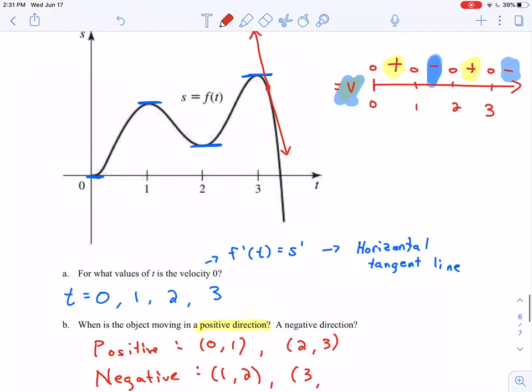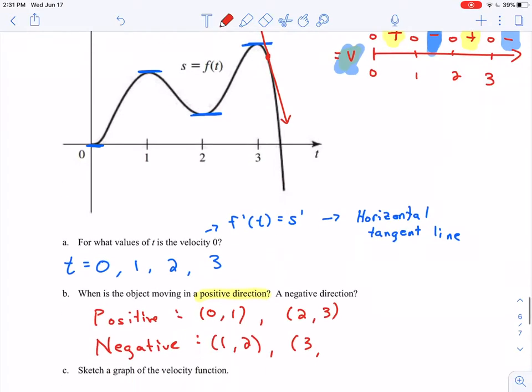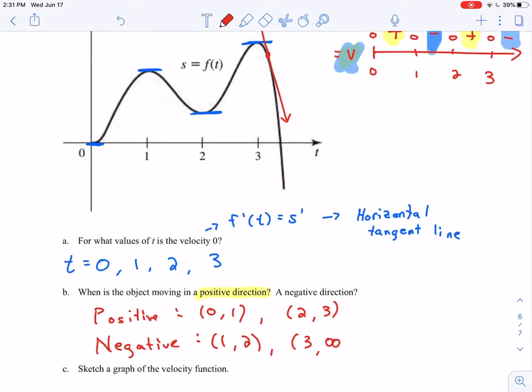Here it just says time is greater than or equal to 0. There is no upper limit on time, and it looks like my graph is just going to be decreasing forever after that. So we'll say from 3 to positive infinity here. So that's how I can look at this and tell where it is moving in the positive direction and where it is moving in the negative direction.